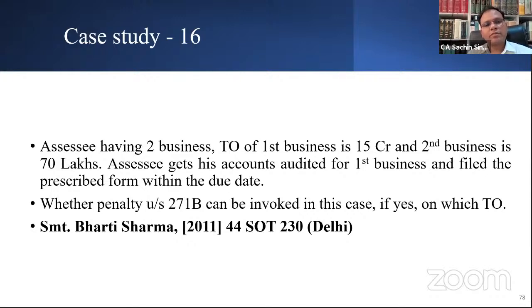In that case, the assessing officer says that since you have not complied, invoke the penalty on 15 crore 70 lakhs. So what is your view? Whether the penalty should be on 15 crore 70 lakhs, or 15 crore, or only 70 lakhs. Any answer on this? 15, 70 or 70? 70.